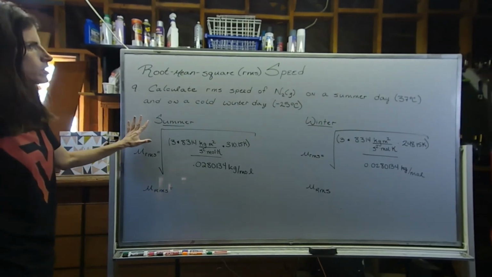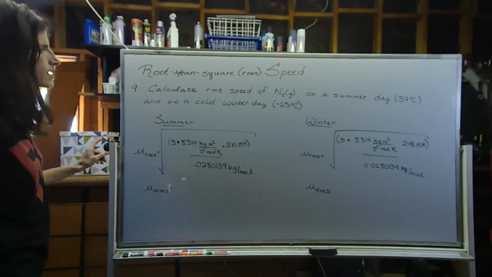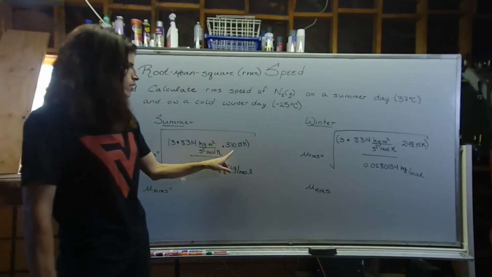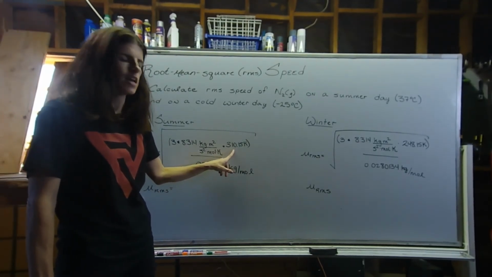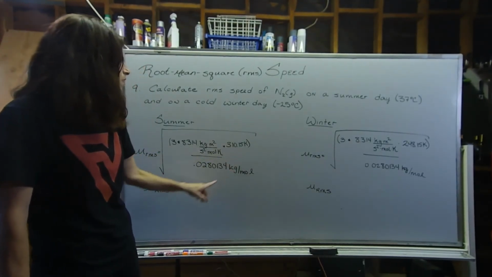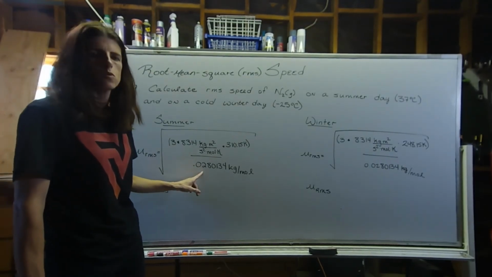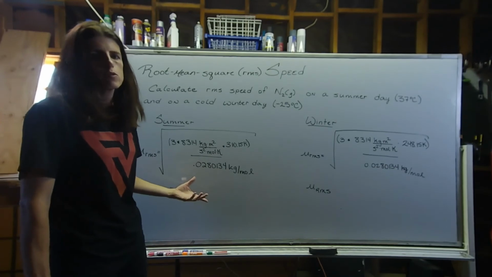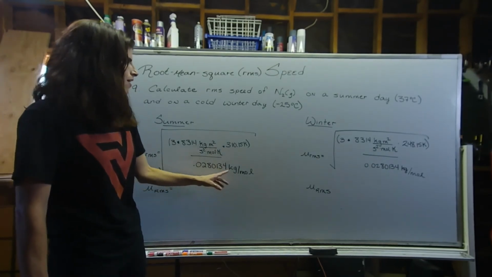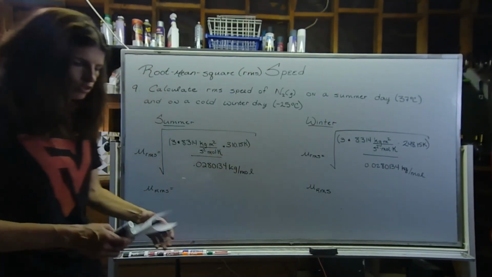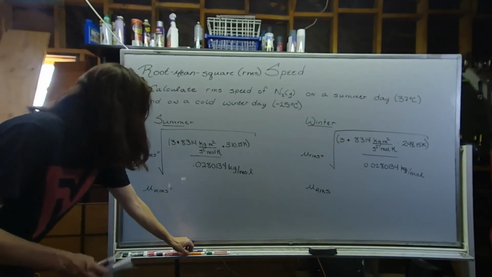So for the summer day, I took the 37 degrees Celsius and converted it to Kelvin. I got 310.15 Kelvin. In addition, I calculated the molar mass of N2, around 28 grams per mole, and then I divided it by 1,000 because it has to be kilograms per mole when you plug it in.